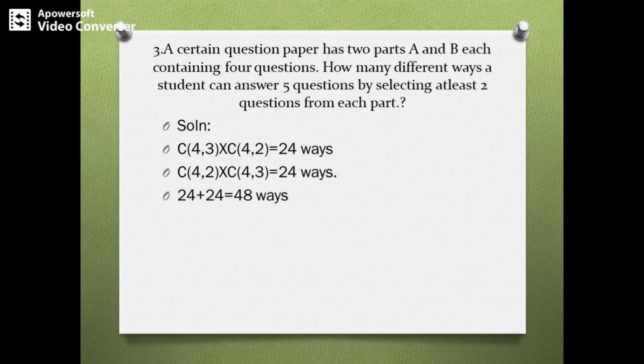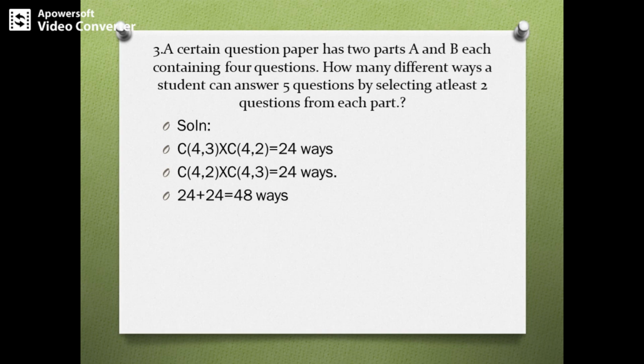In the next question, a certain question paper is given and it contains 2 parts, A and B, each containing 4 questions. The student is supposed to answer 5 questions by selecting at least 2 questions from each part.